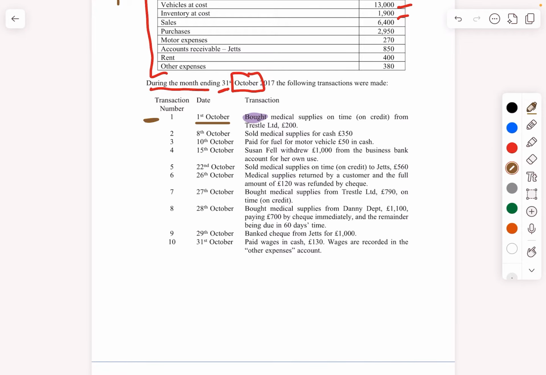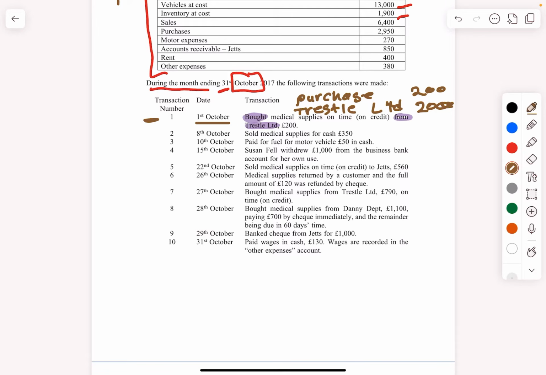When we buy something, that's purchase, right? And the second thing is, we bought it from where? We bought it from this company, Treasure Ltd. So another account name is Treasure Ltd. Now we know which accounts. We know it's 200. We know the date, it's 1st of October, right?